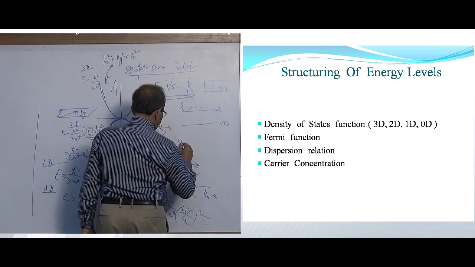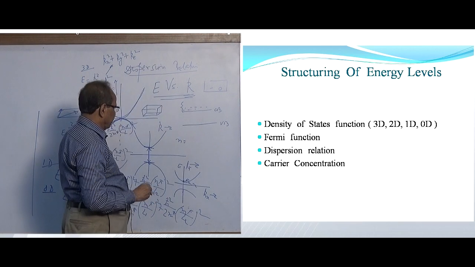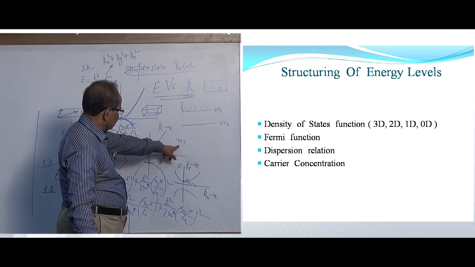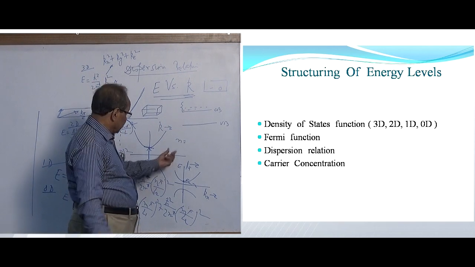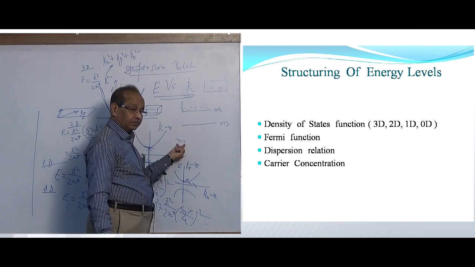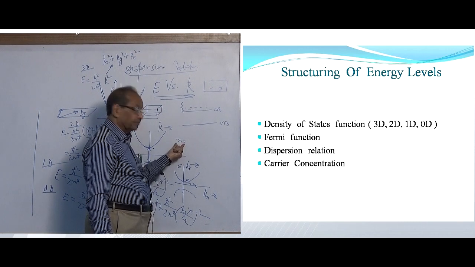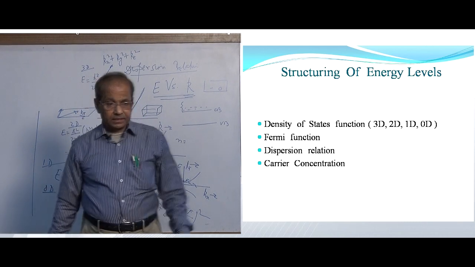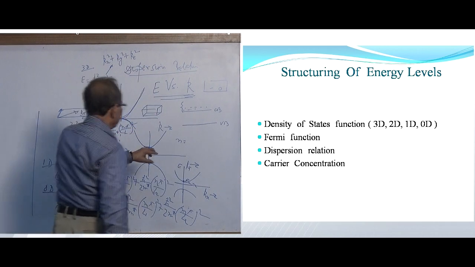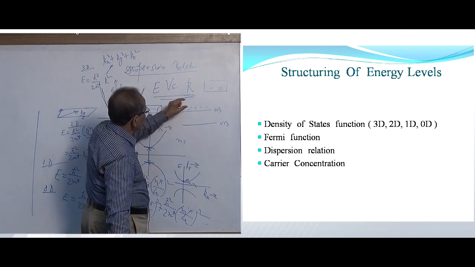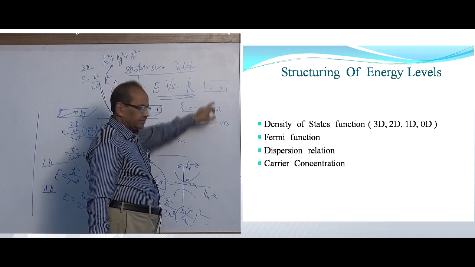The expression to determine the electron concentration is this: if n is the electron concentration, what do I mean by concentration? Number of electrons per unit volume, that is it, electron density.